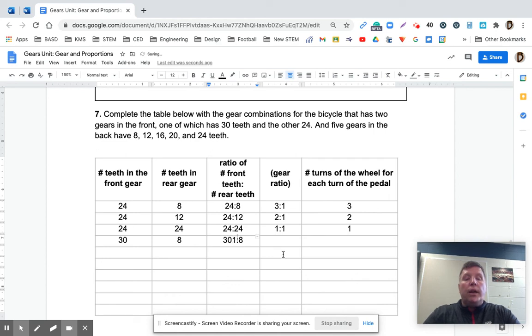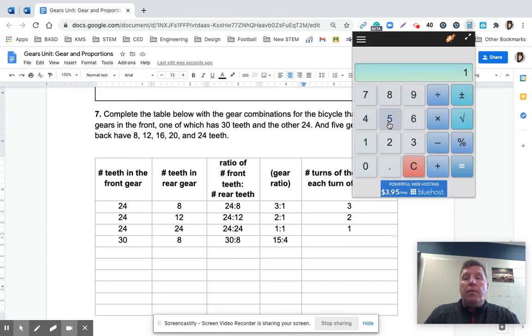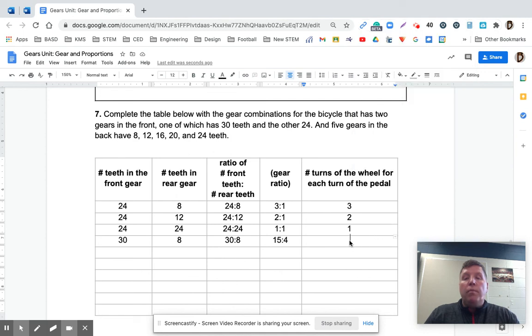Oops, wrong column there. 15. 2 goes into 8 4 times. Now I can't reduce it any further. So how do I figure this out? Bust out my calculator here. I'm going to divide 15 by 4. And my result is 3.75.